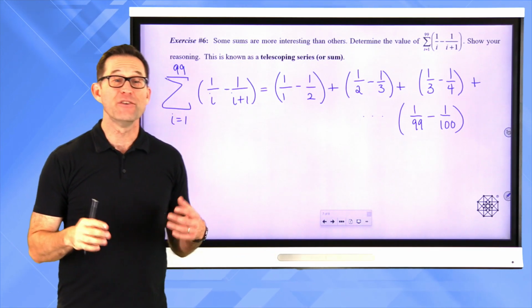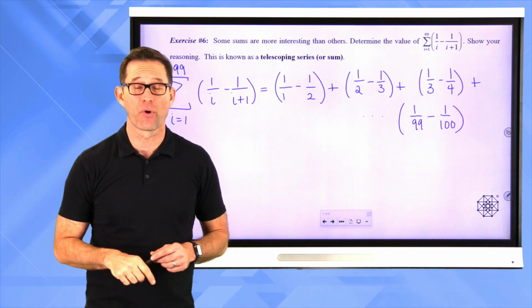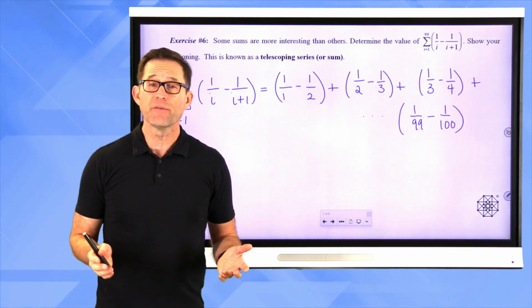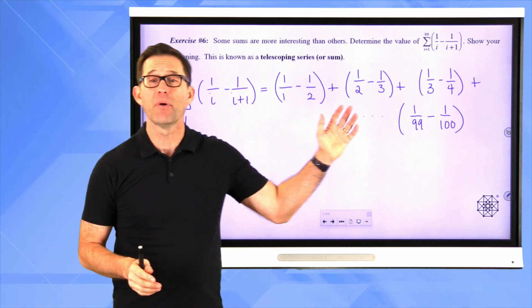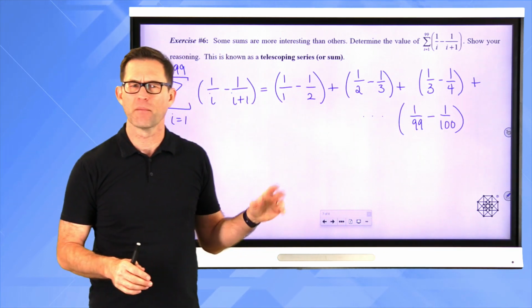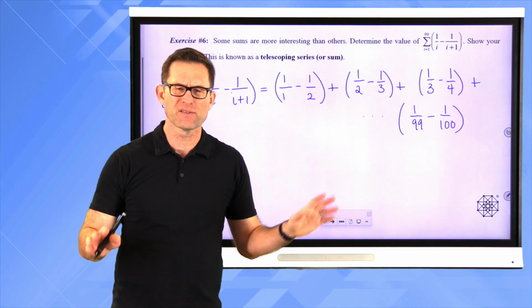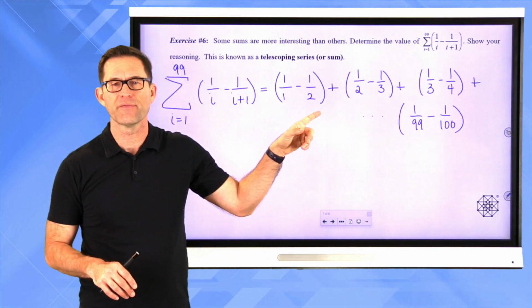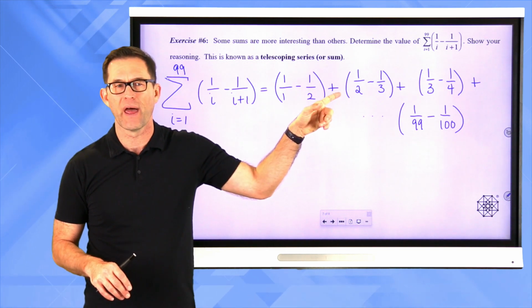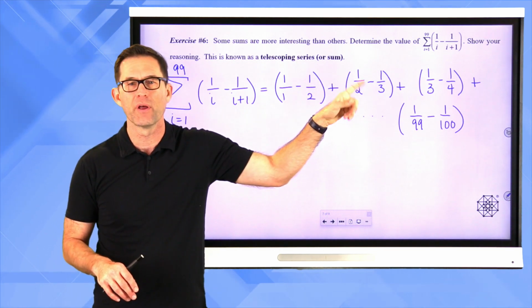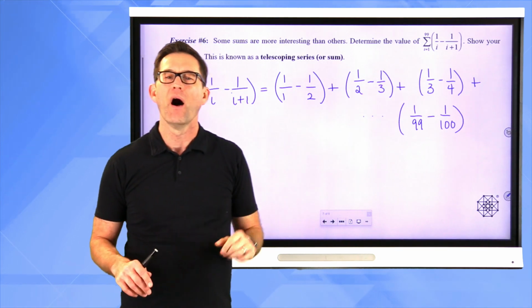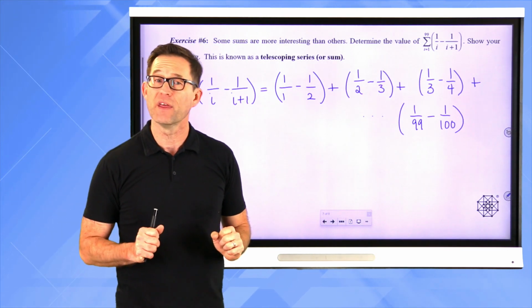Now, addition has this fantastic property. It's called the associative property. The associative property says if I'm adding a bunch of numbers together, and I know you might be thinking, but there's some subtraction going on there. Well, that's okay. I can think of this as 1 plus negative 1/2 plus positive 1/2 plus negative 1/3 plus positive 1/3 plus negative 1/4. I can regroup the addition.